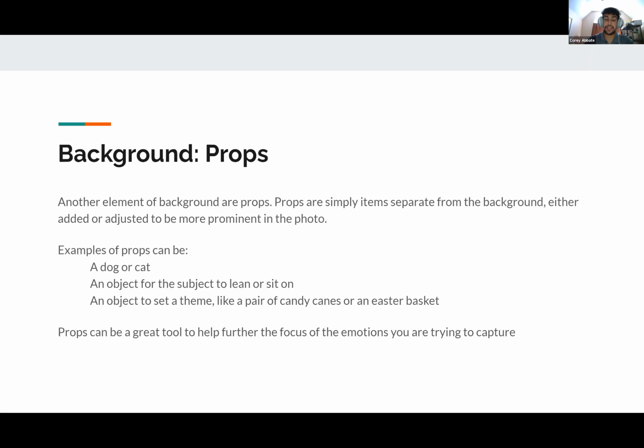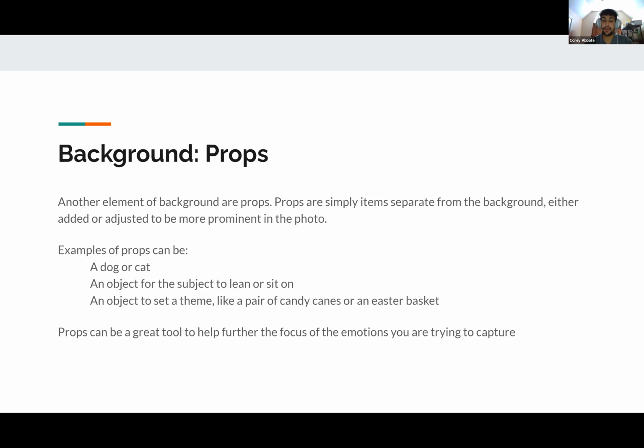A tree that you're taking a picture in front of can be part of the background if the subject's not near the tree. But if they're leaning off the tree, arms crossed with their legs behind, as you see often in many graduation photos, then that tree becomes a prop and not a background because you're interacting with it. And you can bring in things, like you mentioned a Christmas tree.